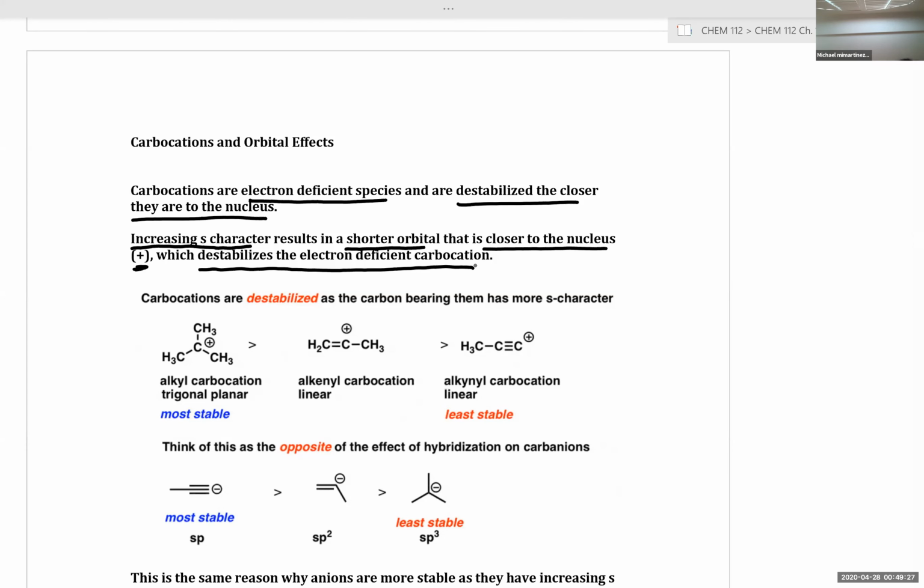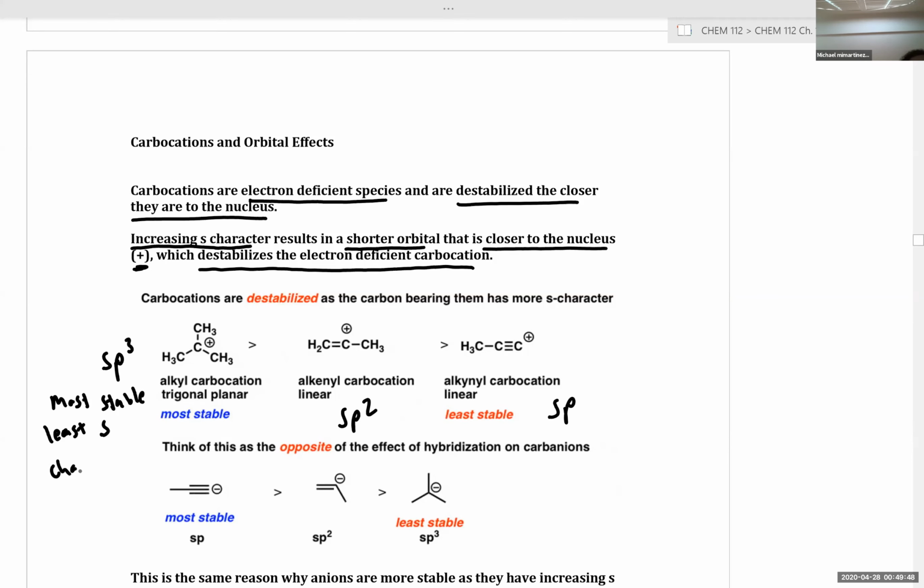So as we move from an sp3 to an sp2 to an sp hybridized atom, our carbocations are most stable when we have the least S character.